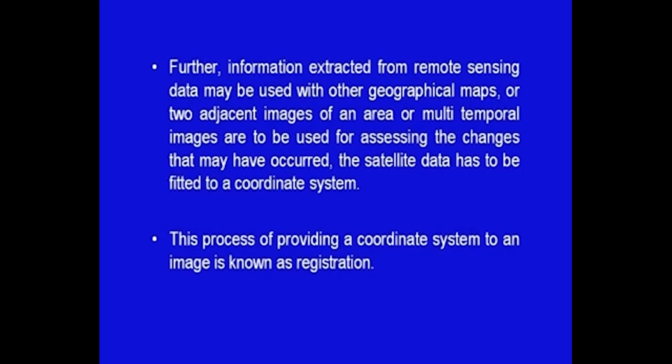Further, information extracted from remote sensing data may be used with other geographical maps, or two adjacent images of an area, or multi-temporal images are to be used for assessing the changes that may have occurred. The satellite data has to be fitted to a coordinate system. This process of providing a coordinate system to an image is known as registration.